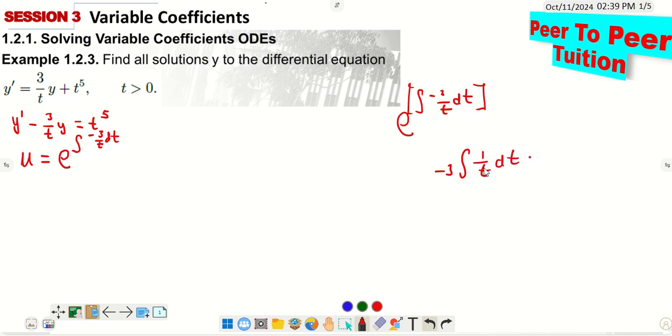To integrate 1 over t, I'm going to get negative 3 ln t. So now let me put it back. We are having e to the power negative 3 ln t.